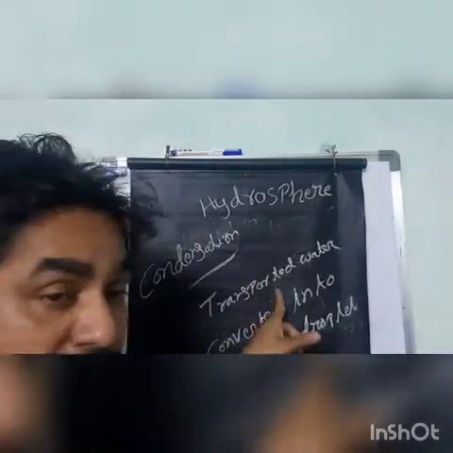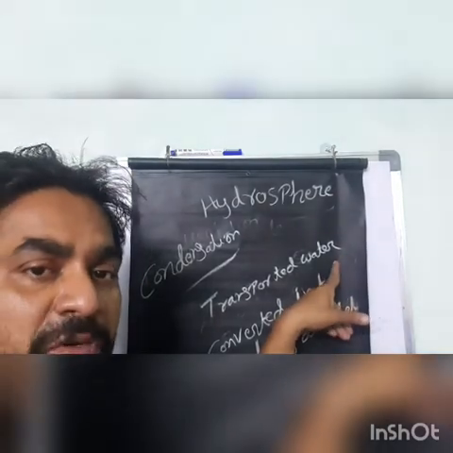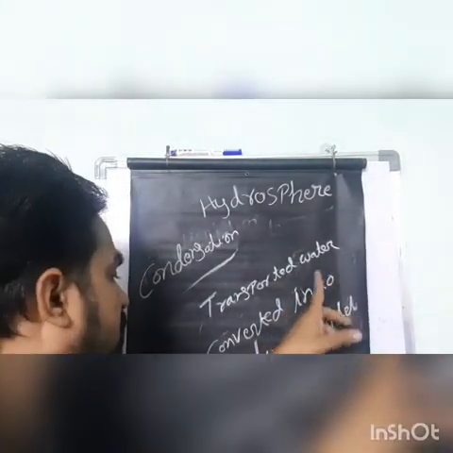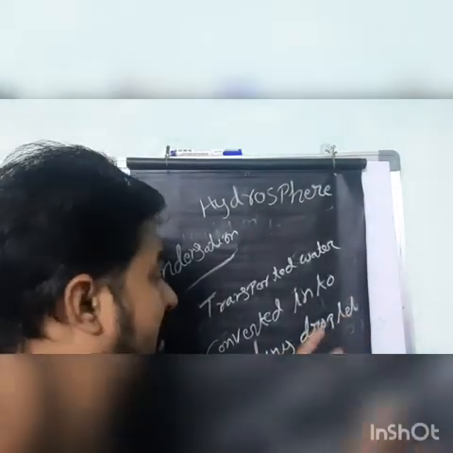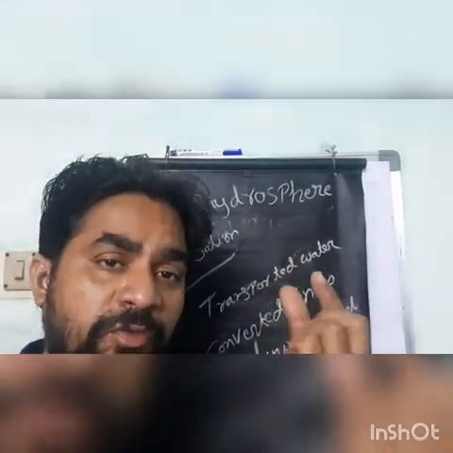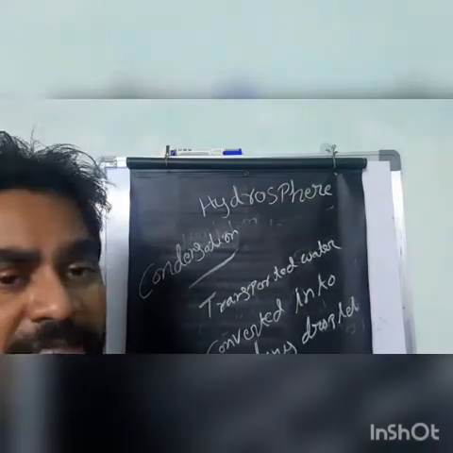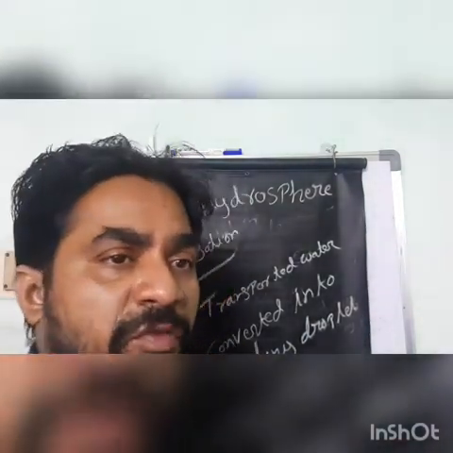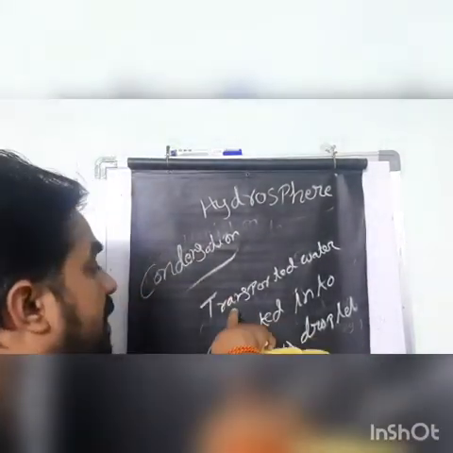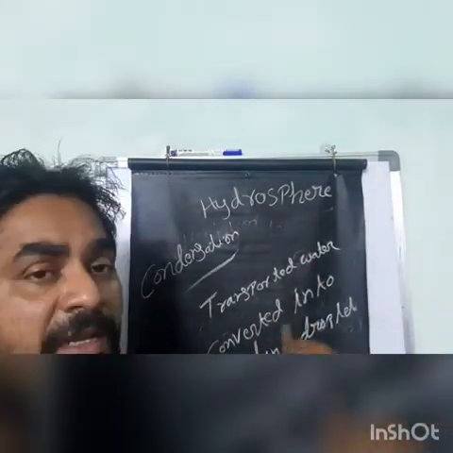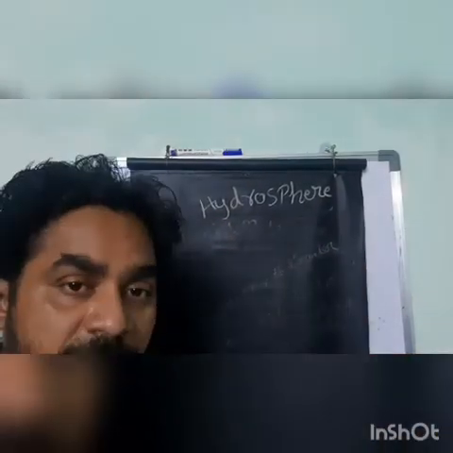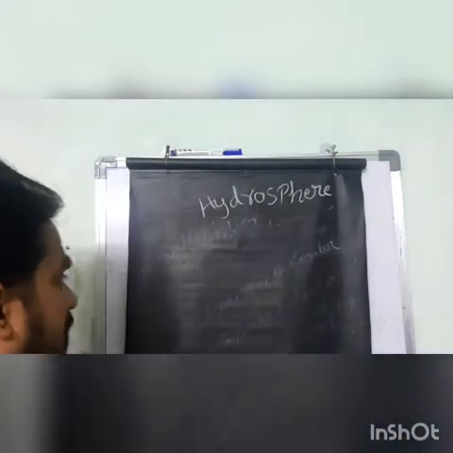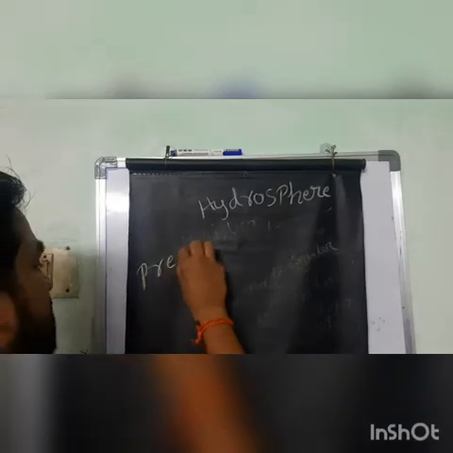So the transported water, the water which the clouds hold, is converted into droplets. The droplets of water is called condensation. So the transported water converted into tiny droplets is called condensation. The next one is called precipitation.